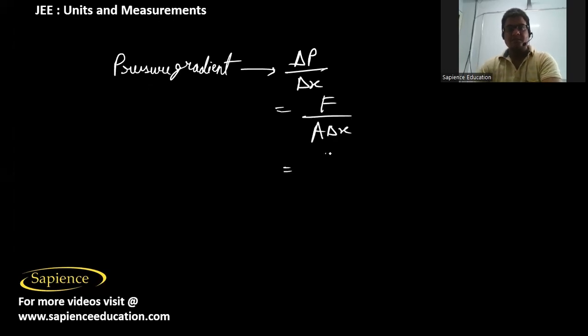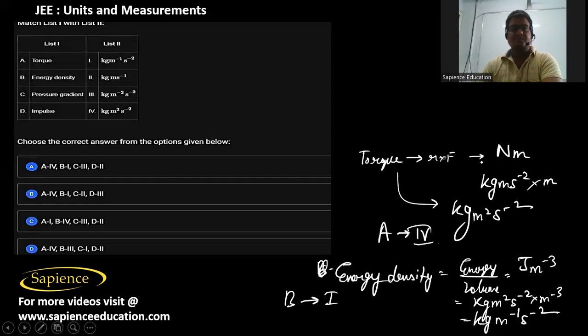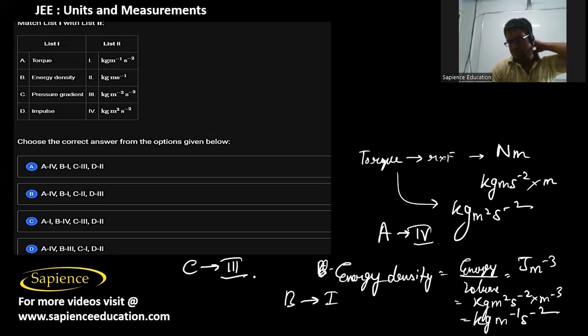So it means it will be kg meter per second square divided by meter cube. So therefore its SI unit will be kg per meter square per second square. That means that C matches with 3.